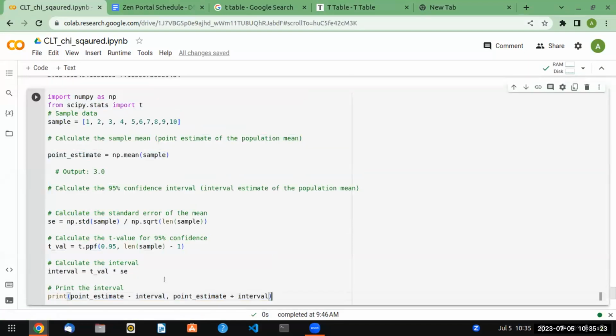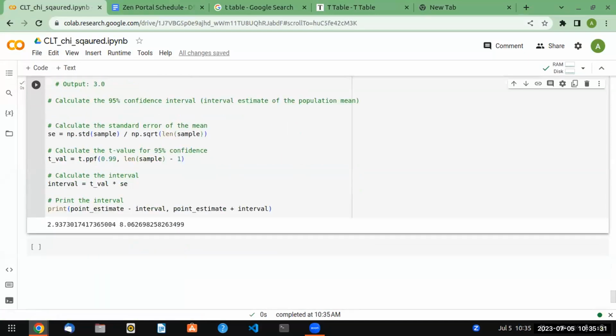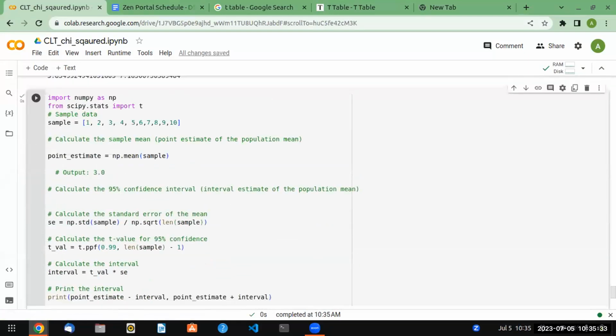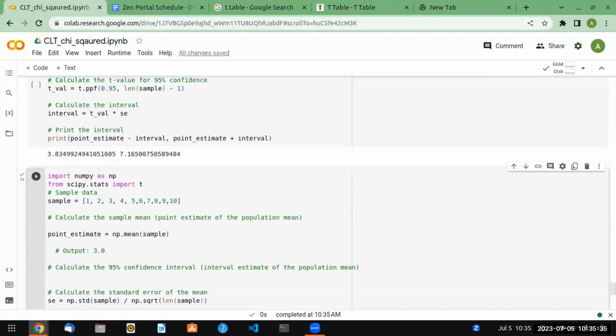I have not tried that. 0.99. We get 2.93 to 8 point something. Can you see what is happening as you increase the confidence percentage? This interval is also increasing, and that also makes sense, right?